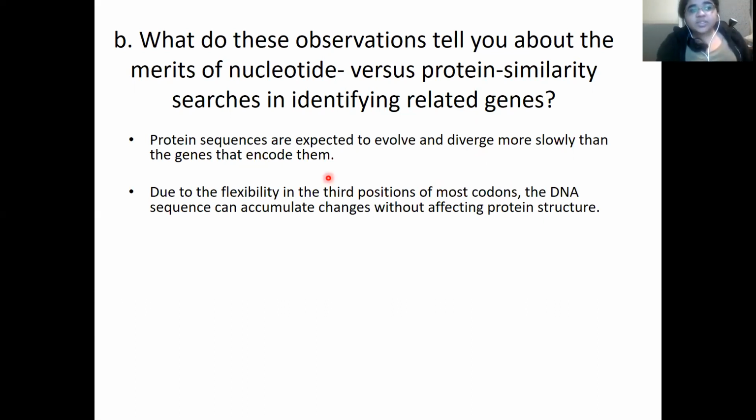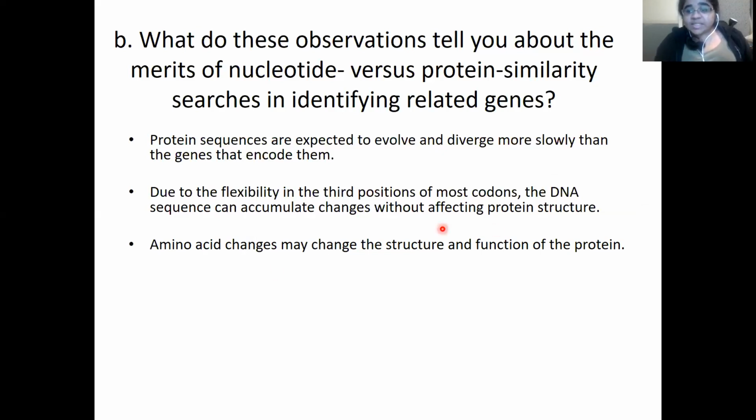So that just tells us that it's so flexible. With that flexibility, the DNA sequence can accumulate changes without actually changing the protein itself, right? Because the amino acid is essentially staying the same.